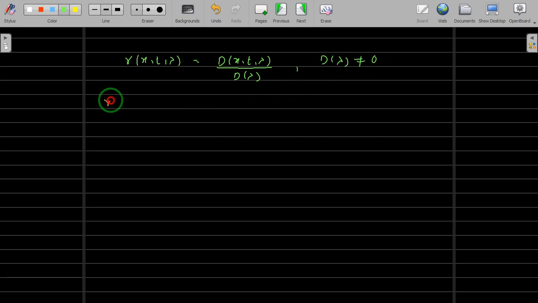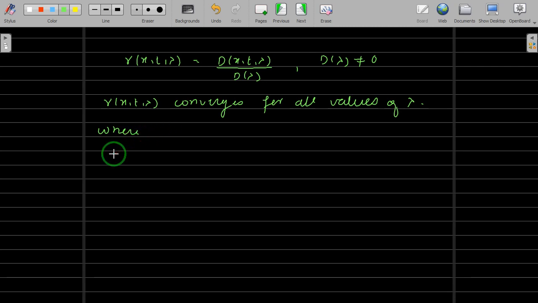And here gamma of x, t, lambda, that is your resolvent kernel, converges for all values of lambda. Since we have stated D of x, t, lambda and D of lambda, let me write what they are here in this Fredholm's theorem. This is very important: D of x, t, lambda is equal to this.